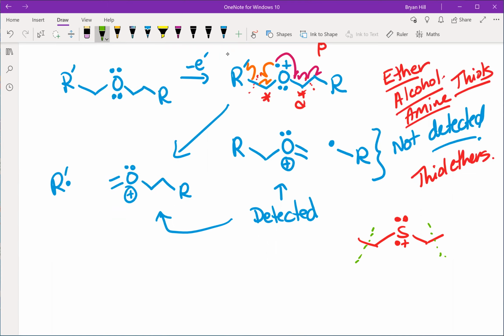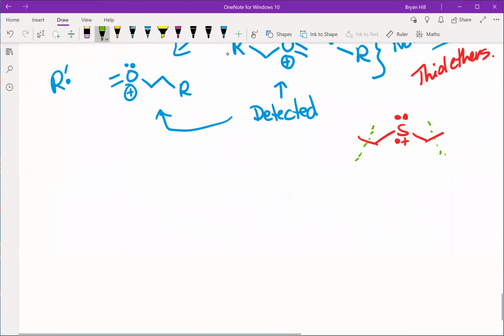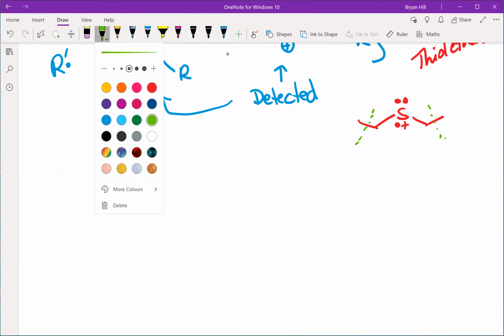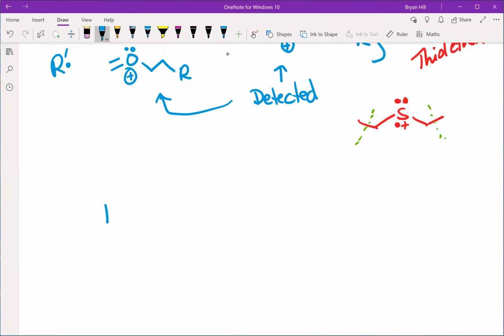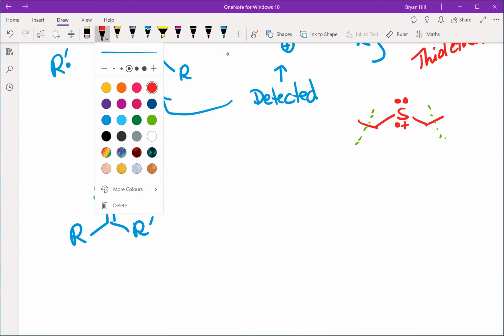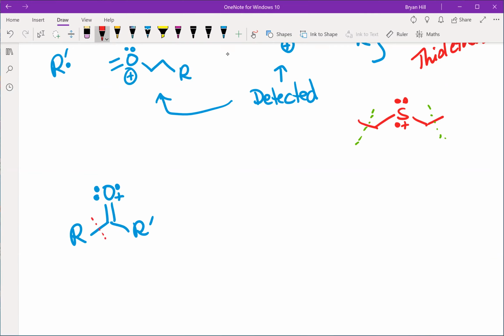Let's do one with a carbonyl, because it's very similar. So we've got a ketone, and it's lost its lone pair electron. And what we are going to do is break this bond or this bond, moving the arrows exactly the same way we did before.